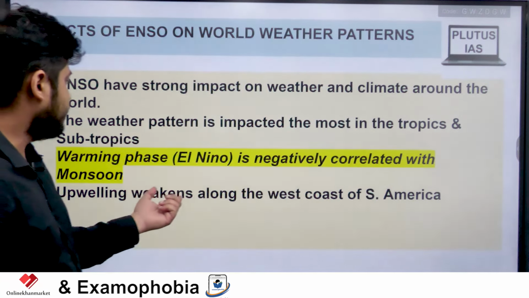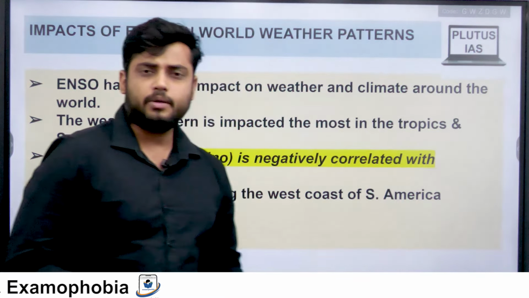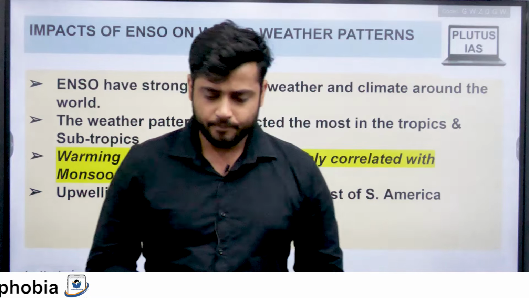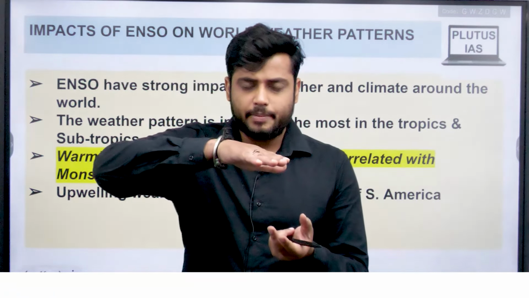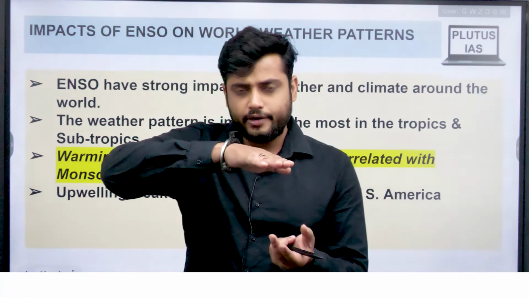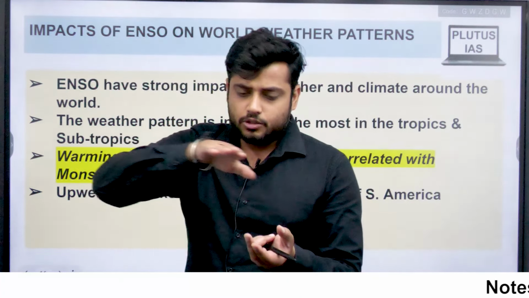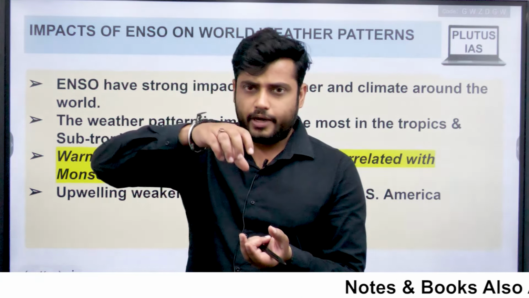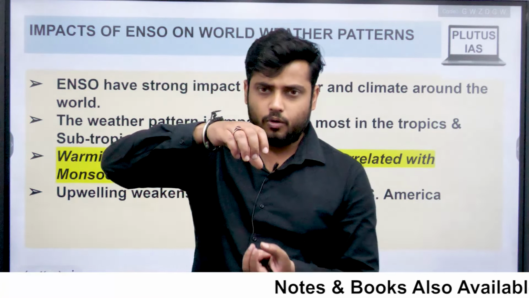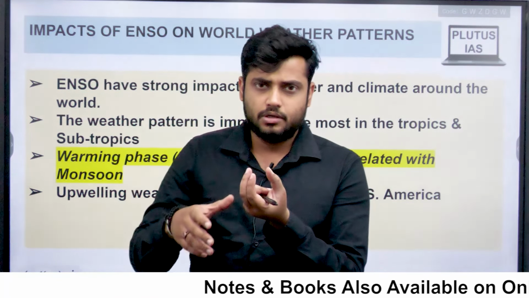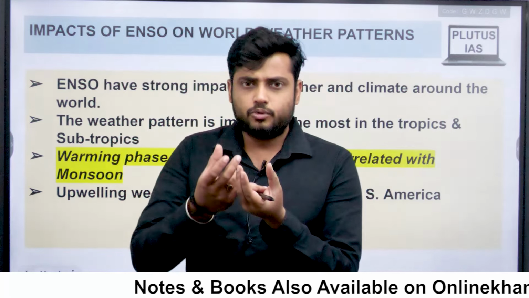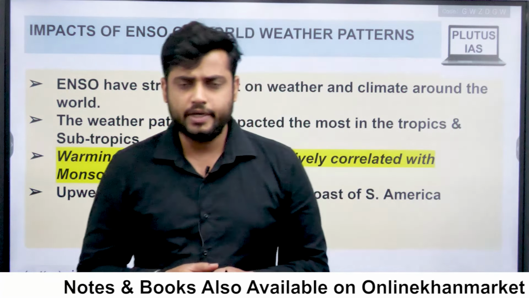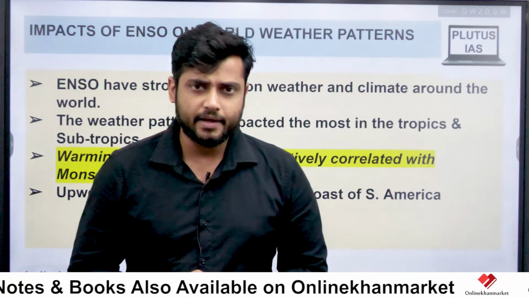And the upwelling weakens along the western coast of South America. This thing we have also seen, because normally from the South American coast, the water is pushed by the trade winds. So as the water from here is pushed by the trade winds, in order to take place of the moving water, the cold water will rise up to the surface. So when the cold water rises to the surface, the cold water is usually nutrient rich. Why?